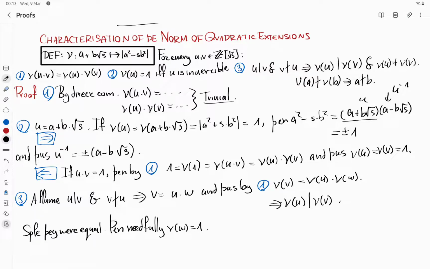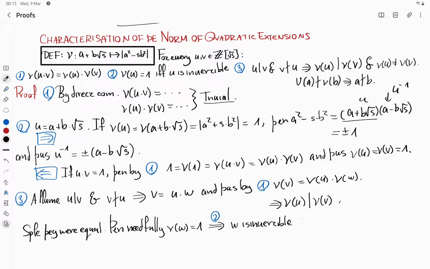Right. But then by claim number 2, w is invertible. Because that's, mind you, precisely what claim number 2 says, that the norm of any element is 1 if and only if it is invertible.